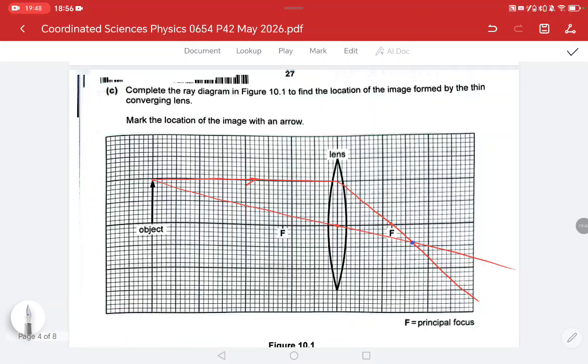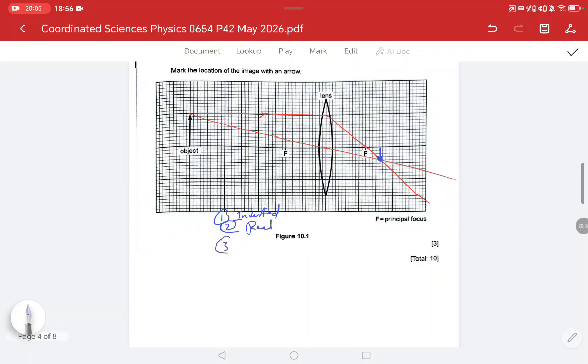The intersection point is where the image will be created, and as you see, the characteristics of this image are that it's inverted, real, and smaller than the object.